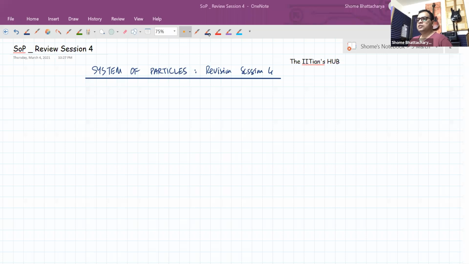Right, so moving ahead, let's discuss the different types of collisions that come within this section of system of particles. The first and the most simple type of collision is what we call the head-on or one-dimensional collision.